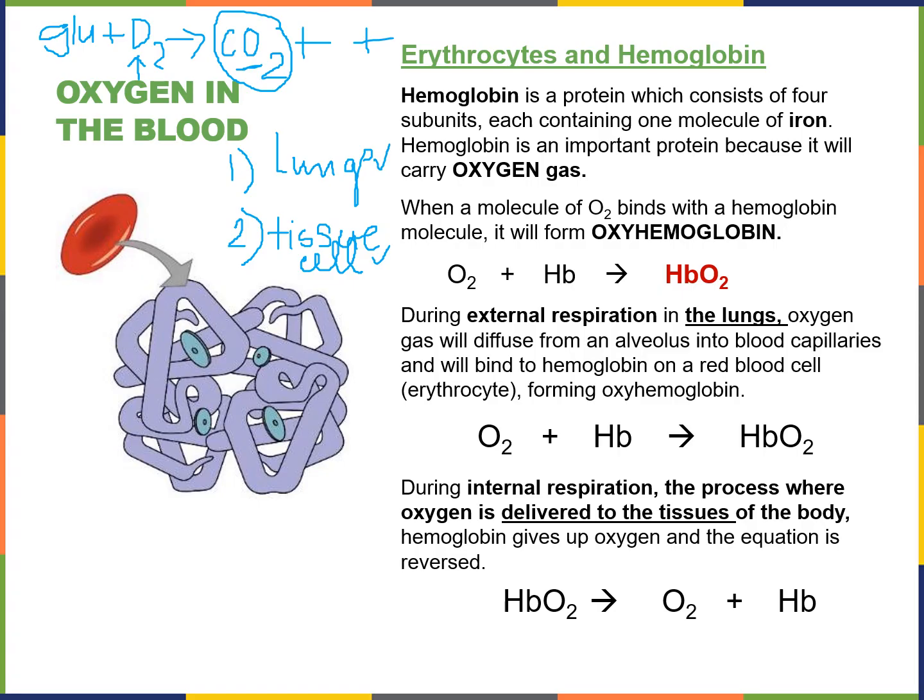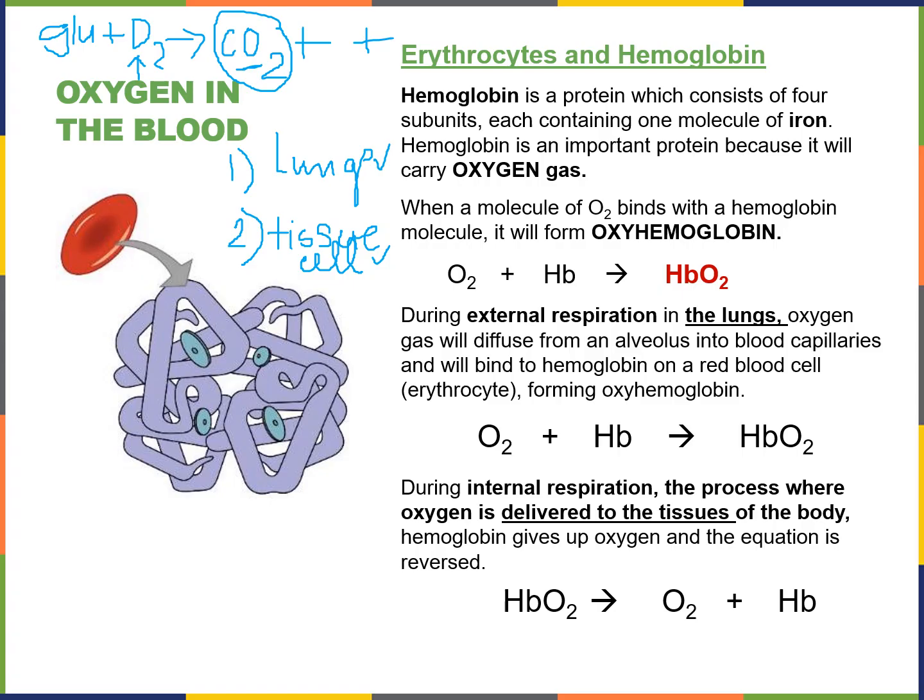So in the lung capillaries, we have one exchange occurring. That exchange we usually call external respiration, because it is taking place between the external air that came into the lungs and the blood capillaries surrounding the alveoli.